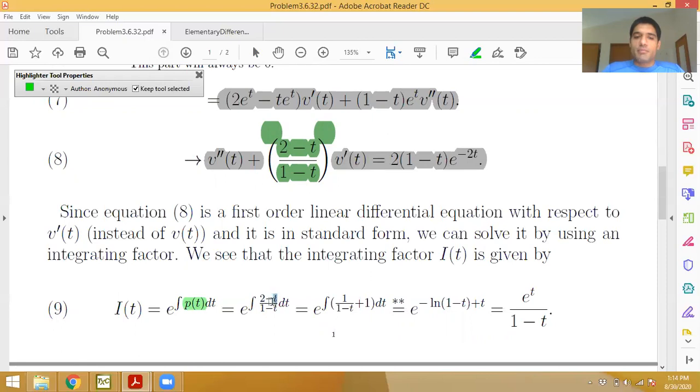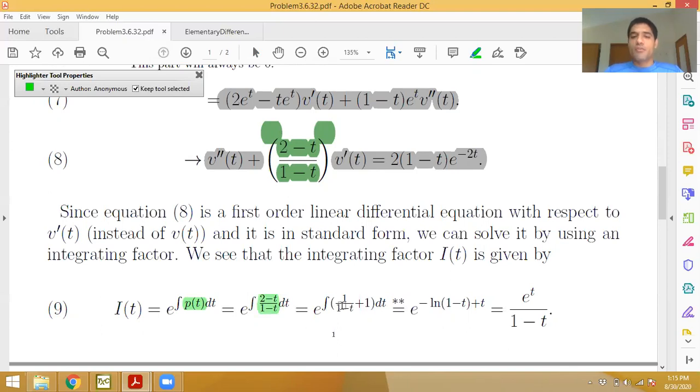So now I'll just plug in, p of t is just 2 minus t over 1 minus t. I will rewrite this in a slightly more convenient form in order to perform the integration. I will note that 2 minus t over 1 minus t is 1 over 1 minus t plus 1. Now, pretty easy to integrate.